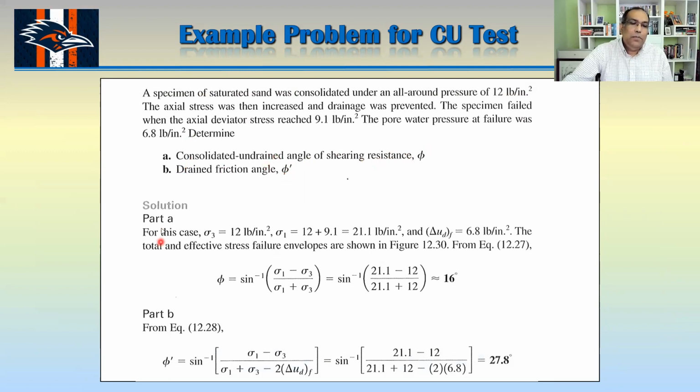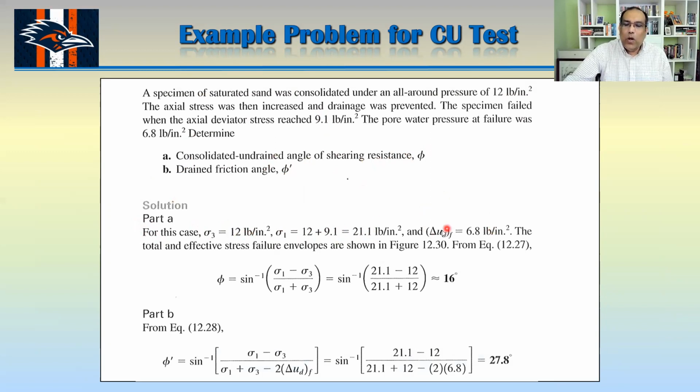So you can see that your sigma 3 is given, 12. So your sigma 1 is sigma 3 plus the deviator stress, which is given as 9.1 here. So your sigma 1 is 21.1, okay?